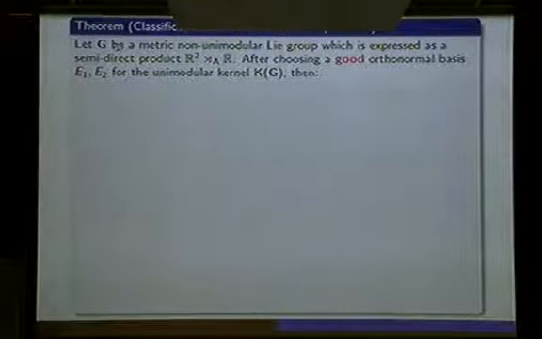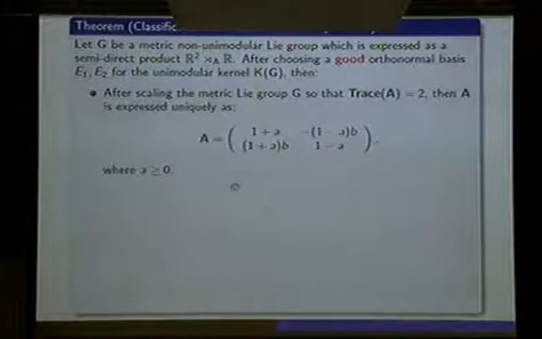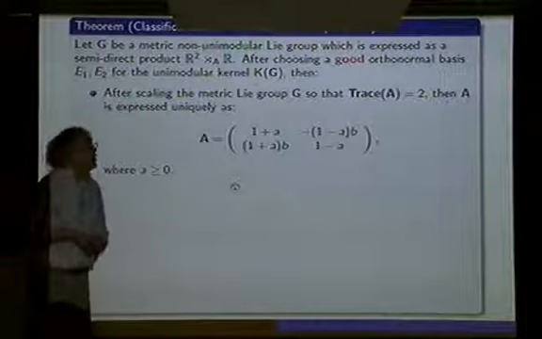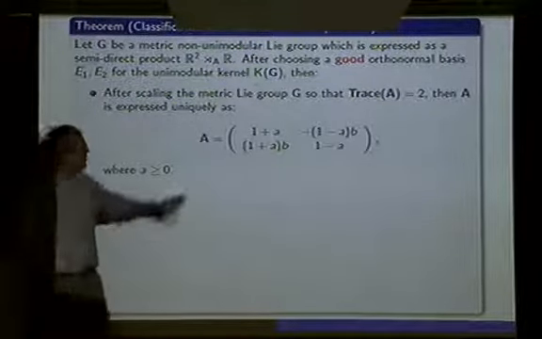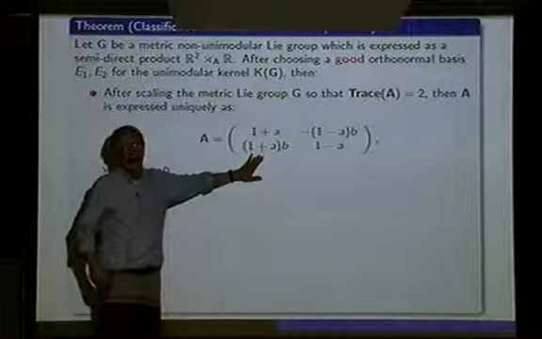Suppose you have a G. We now know it can be expressed this way, but we want to pick a good basis for the unimodular kernel so that the matrix has a nice form, right? Make it more canonical. So Milnor figured out a nice way to write down the matrix. If you pick a good basis, then the matrix can be written this way.